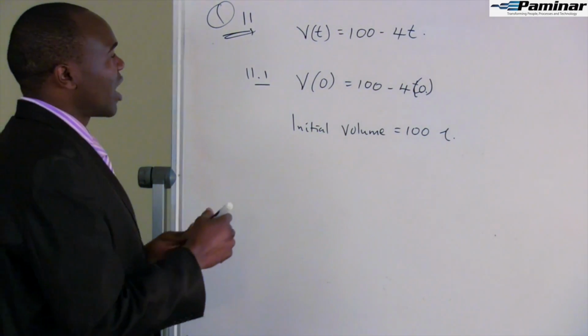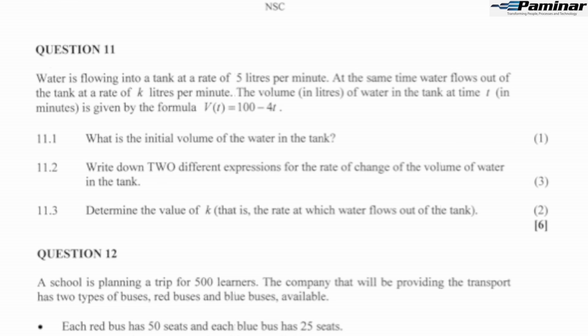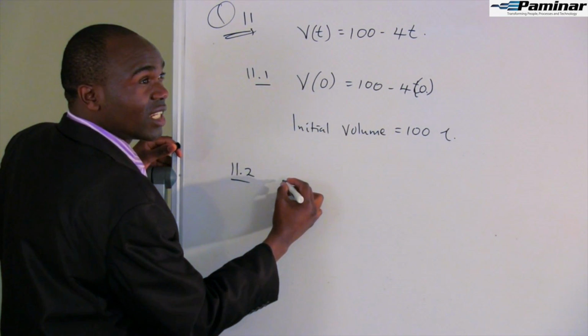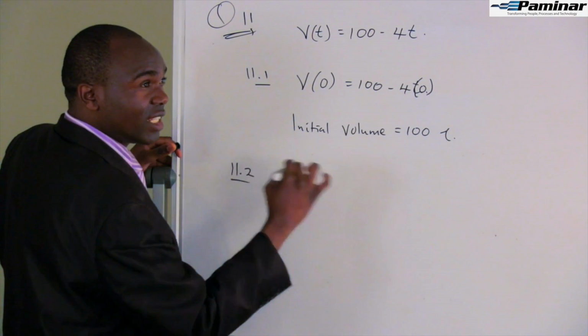Now 11.2. Write down 2 different expressions for the rate of change of the volume of water in the tank. We're talking of the rate of change. We are given the rate of 5 liters per minute in.